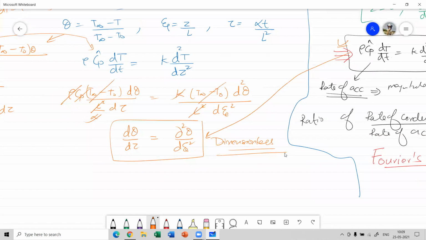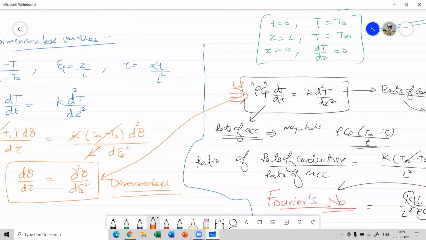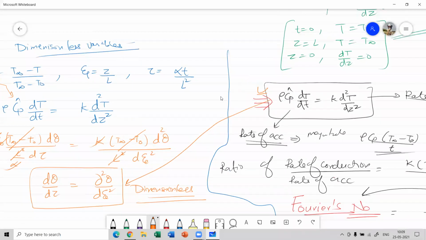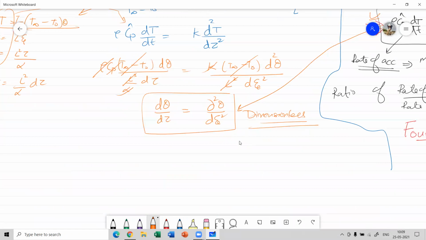Now, depending upon the boundary conditions, the same boundary conditions can be used over here. Let me write it down. Initially, the boundary conditions in terms of dimensions were: t equal to t naught at time zero; at z equal to 0, dT by dz equal to 0; and at z equal to L, T equal to T infinity.